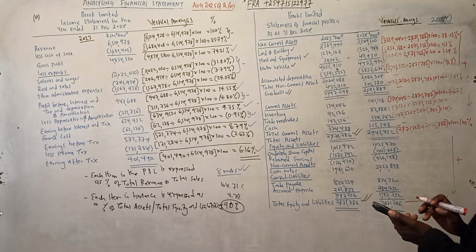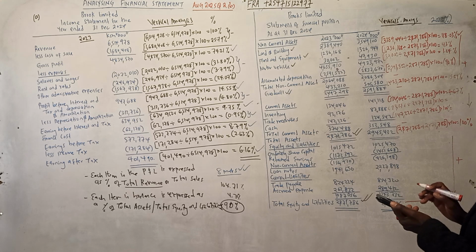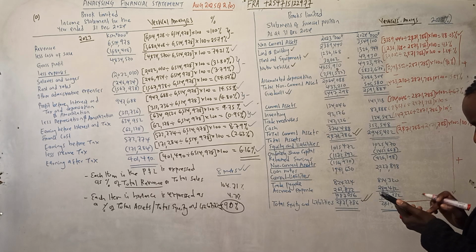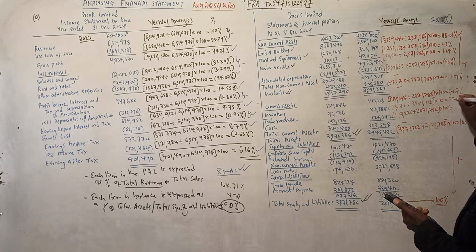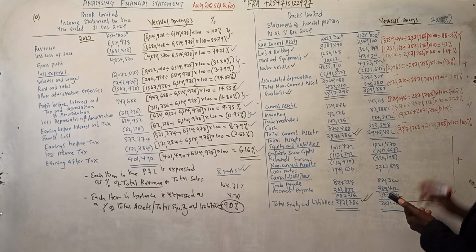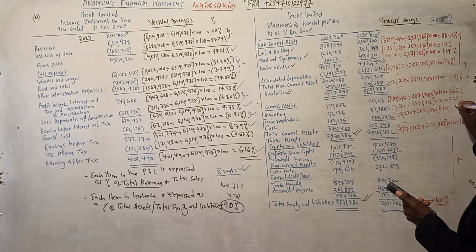Then 93 176 divided by the 2871 786 times 100, 3.24. Then cash 147 226 divided by 2871 786 times 100, 5.12%.